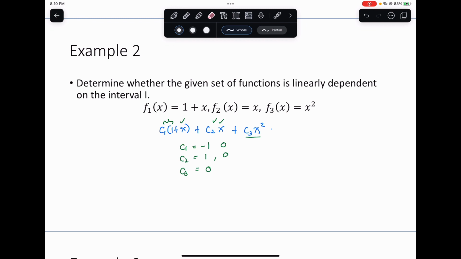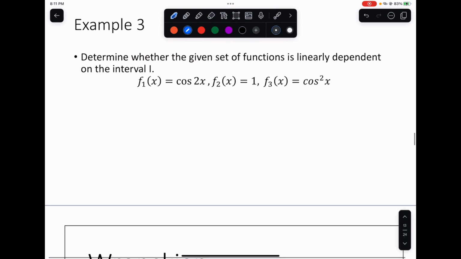Therefore this is not equal to 0. Since this is not equal to 0, this one is linearly independent. Since the three are linearly independent, it would be possible that the three functions can be a solution of the differential equation. So that's how we do it.